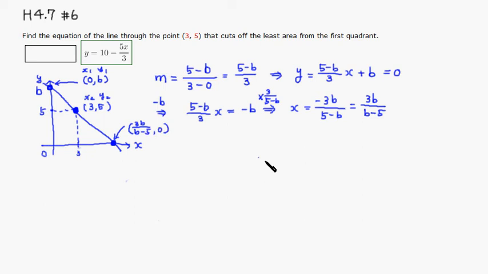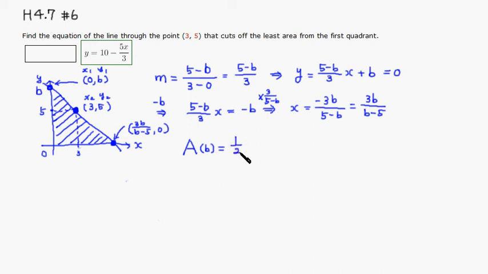All right. Then we want to find the area of this triangular region right here. So let's express that in terms of b. So the area of that triangle in terms of b would be one half base times height.